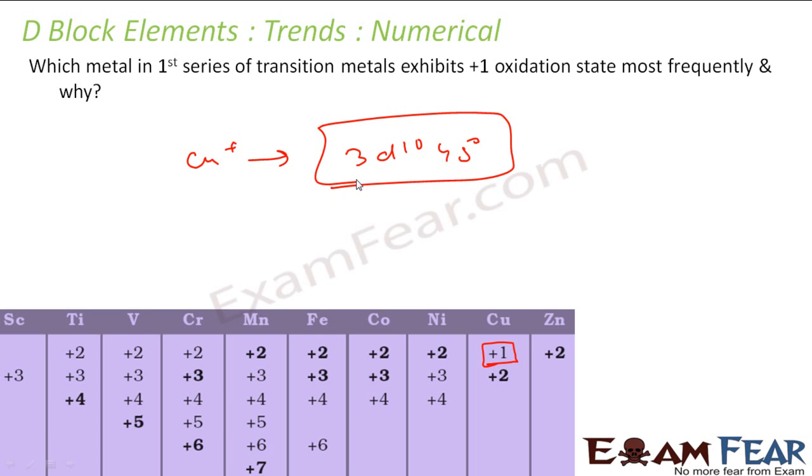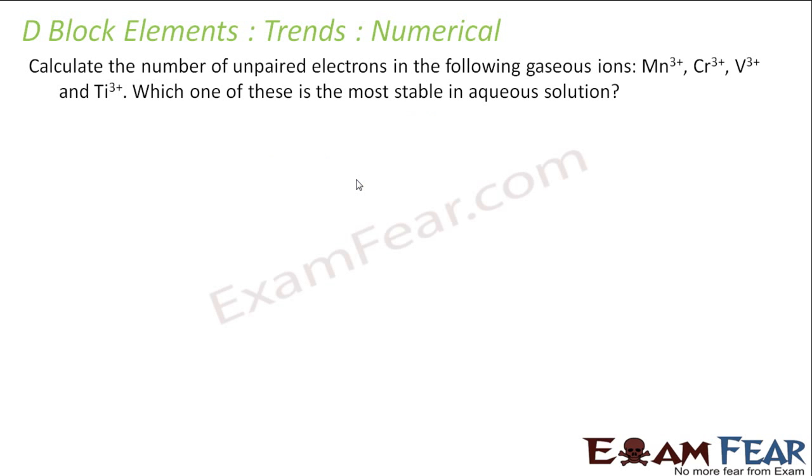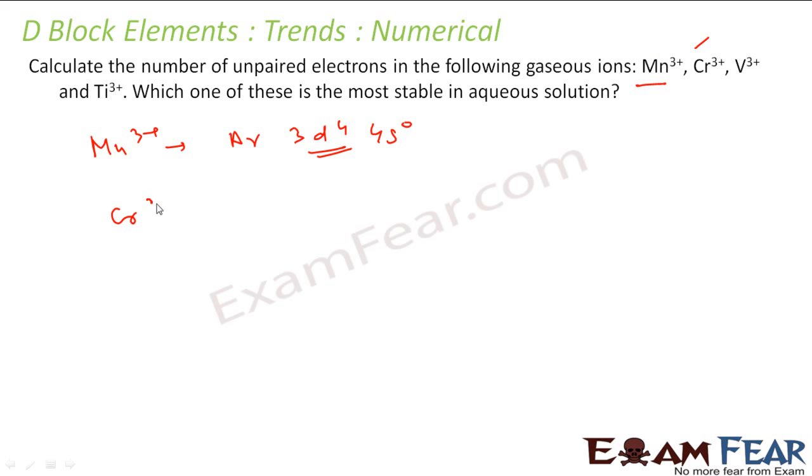Calculate the number of unpaired electrons in the following. Mn3+: the electronic configuration will be argon 3d4 4s0, so the number of unpaired electrons is 4. Similarly, Cr3+: the electronic configuration will be argon 3d3 4s0.